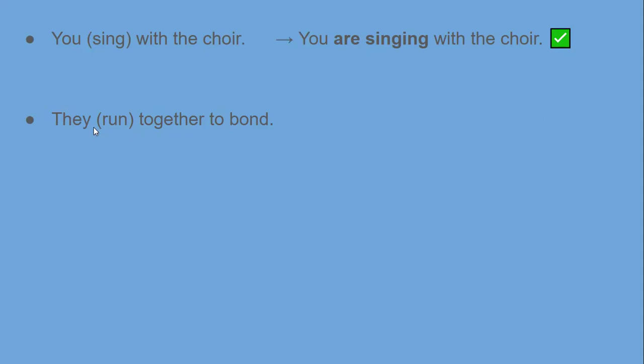We use the verb to be are, since the subject is they, and we use are. Why? Because the sentence is in the present. And then to show that it is continuous, that's why we add an ing at the end. And therefore, the correct sentence becomes, they are running together to bond.